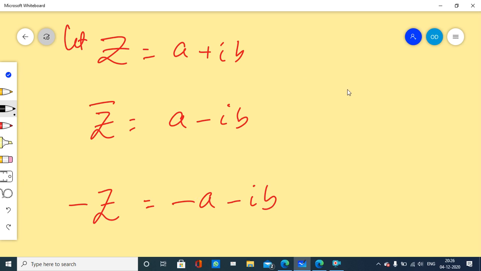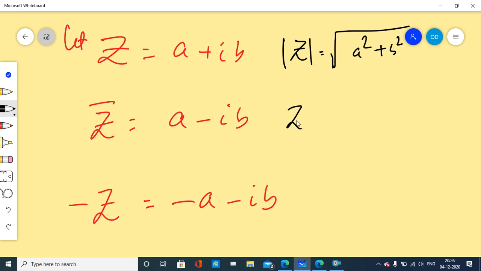Okay, let's one by one find their modulus. Let's find the modulus of z. Modulus of z is the square of its real part plus square of its imaginary part, then whole square root. So square root of a square plus b square, this is the modulus of z.